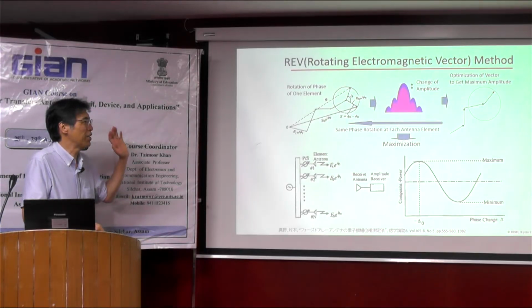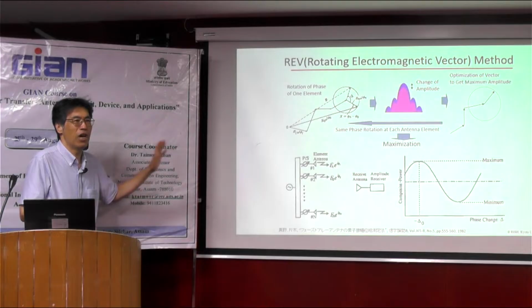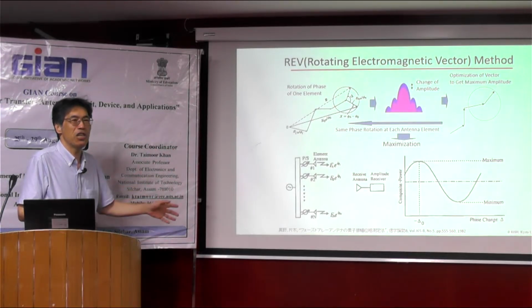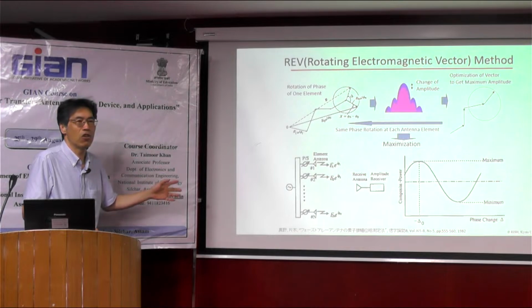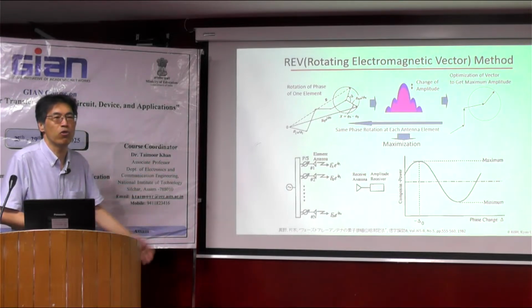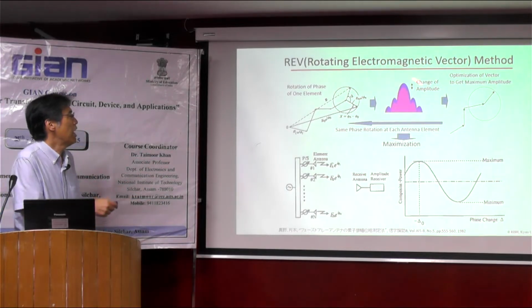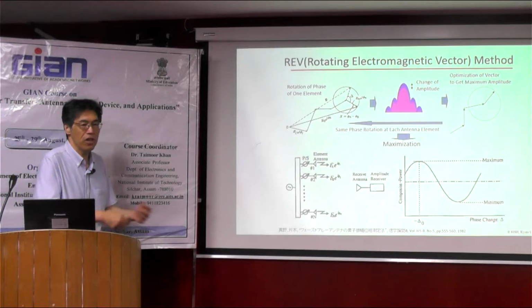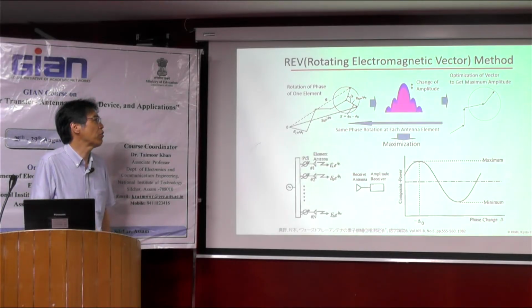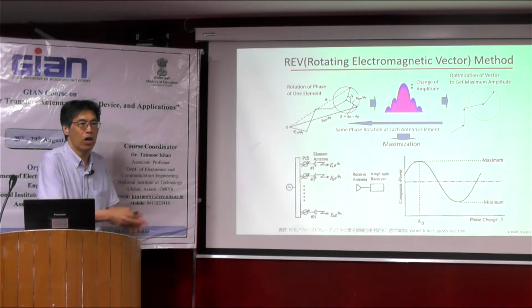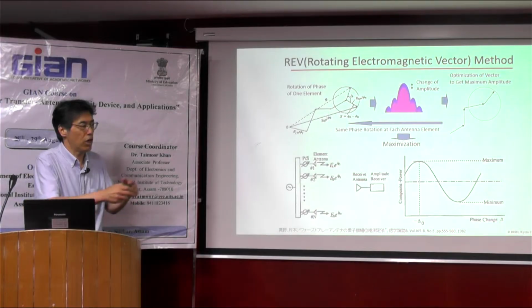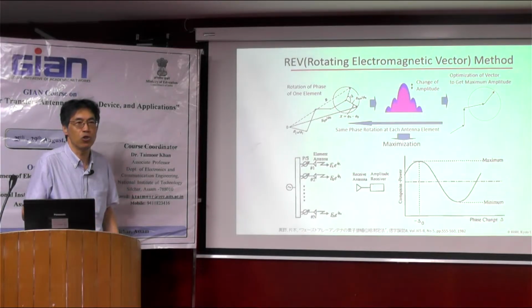So they apply this REV method mainly to check the initial status of the phased array antenna, not to control the beam direction. But this is a very interesting closed loop method to check the target position.